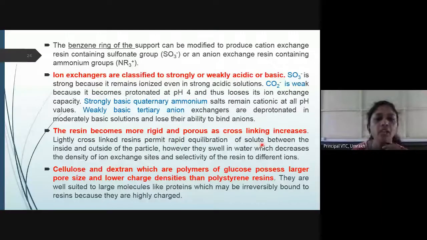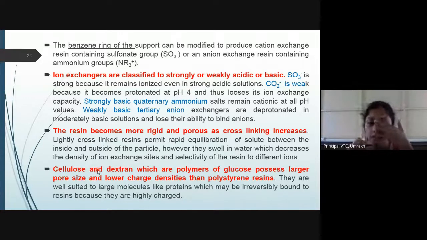Lightly cross-linked resins permit rapid equilibrium of fluid inside as well as outside of the particle. But if it is very lightly cross-linked, it will swell in the presence of water, so the ion exchange site density will decrease. So we should have an optimum cross-linking.